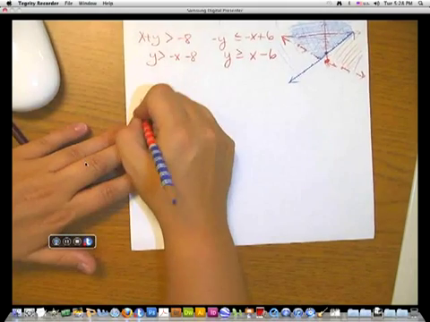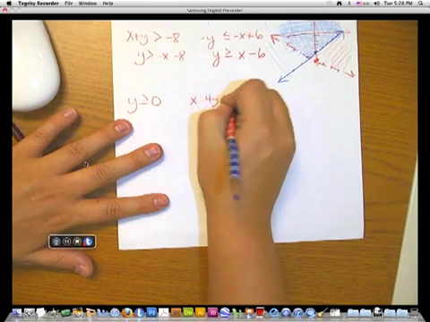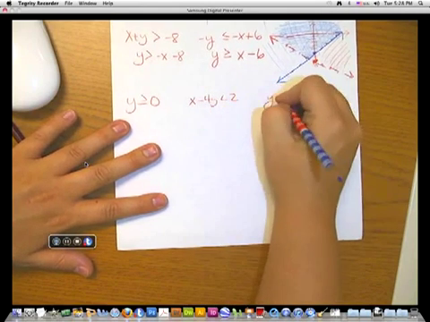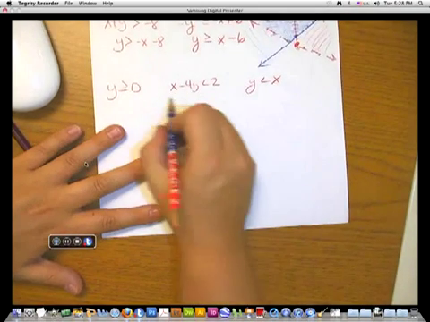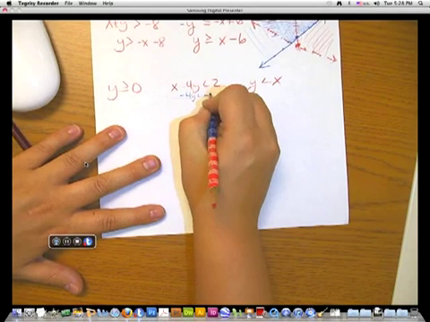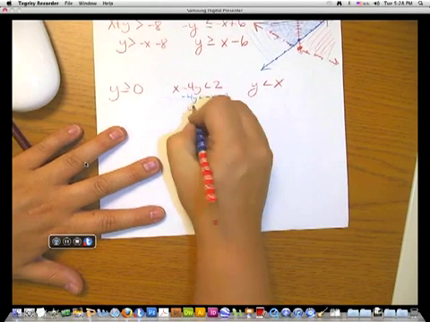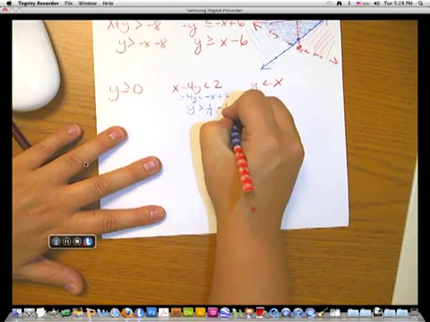Okay, let's do another one. y greater than or equal to 0, x minus 4y less than 2, and y is less than x. All right, the only one that needs to be changed is this middle one. When I subtract my x and divide by a -4, I've got to switch my sign.